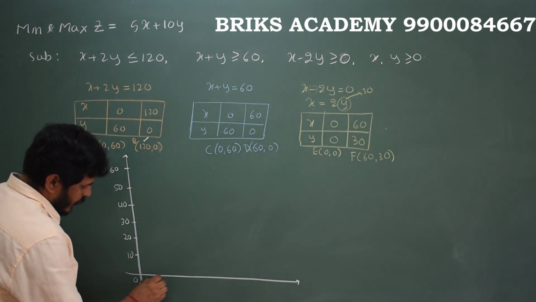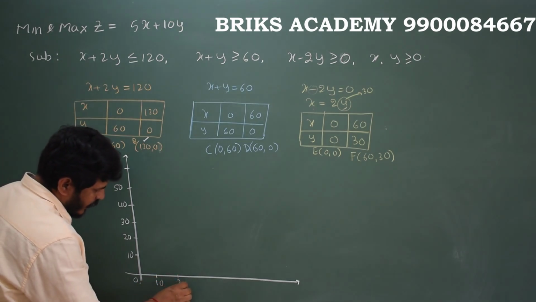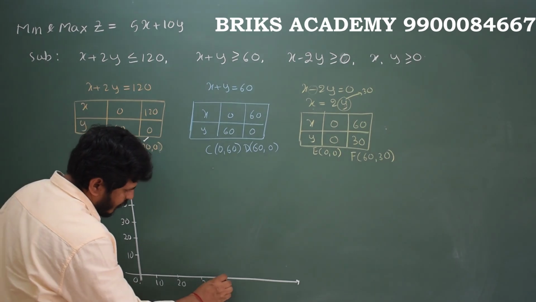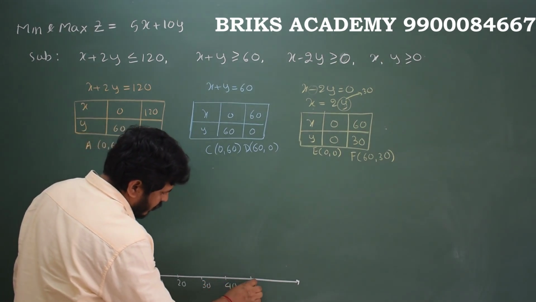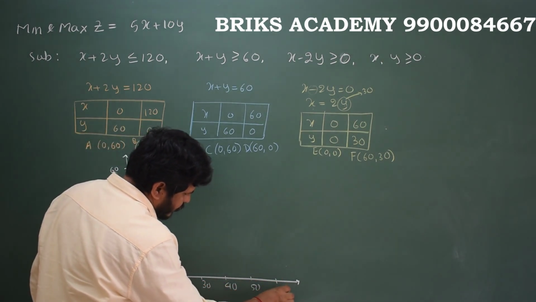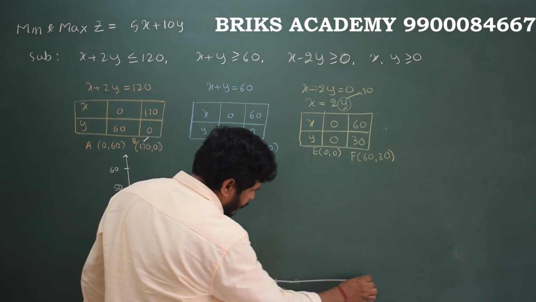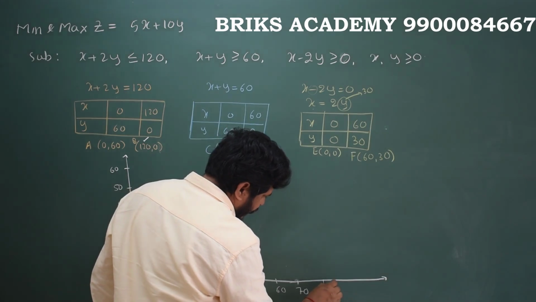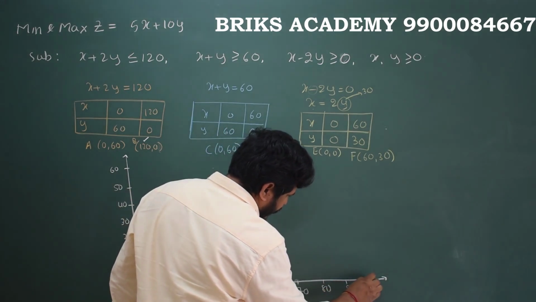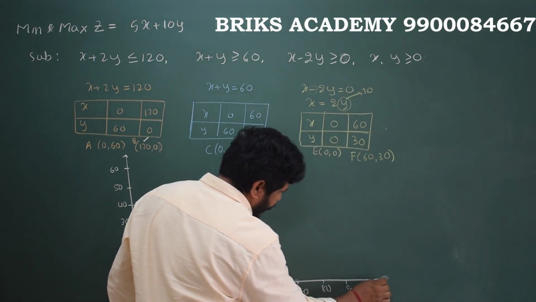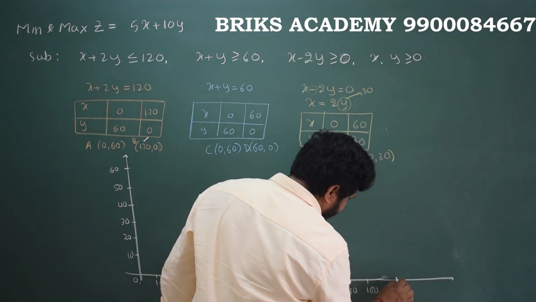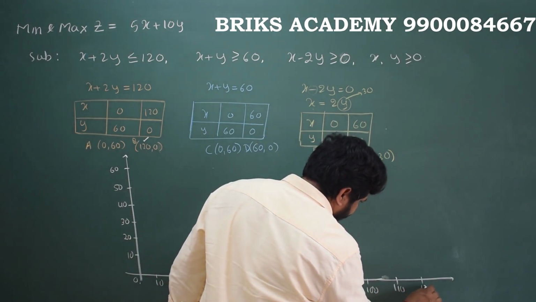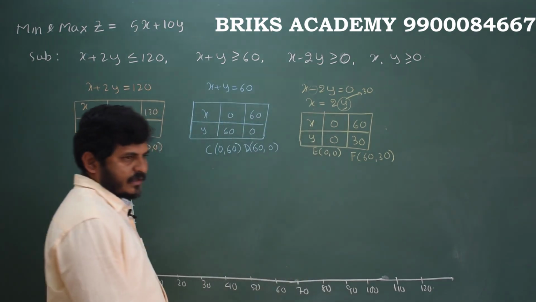So it is 10, 20, 30, 40, 50, 60, 70, 80, 90, 100, 110, 120 on the x-axis.